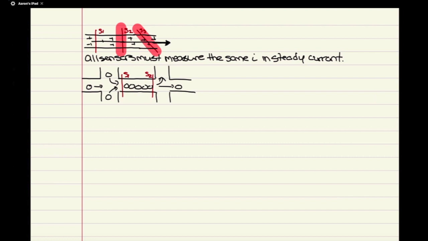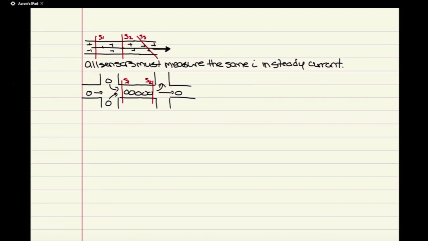Eventually, there would be a buildup of charge in between those two sensors, which is not going to be representative of a steady state current. Those charges would eventually start to change the amount of current that is flowing, which contradicts what we mean by steady state. Mathematically, you can think of a steady state as the derivative being zero. So dI/dt equals zero would be an example of a steady state current.